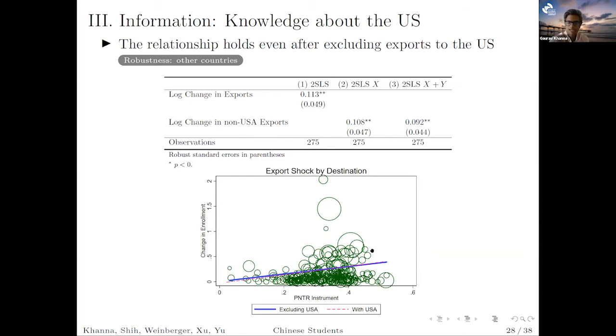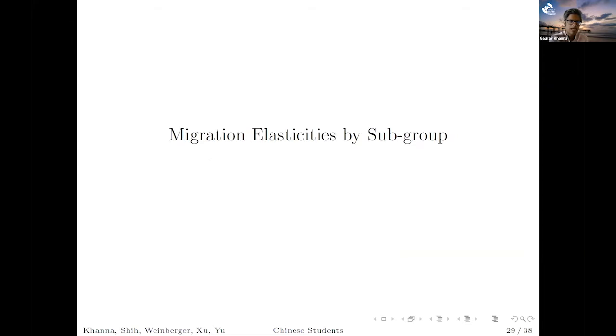It turns out that you get the same result whether you use the US or the non-US trade shock, essentially suggesting that it's not really about knowing more about the US in particular. It might be more something to do with income growth as such, right?